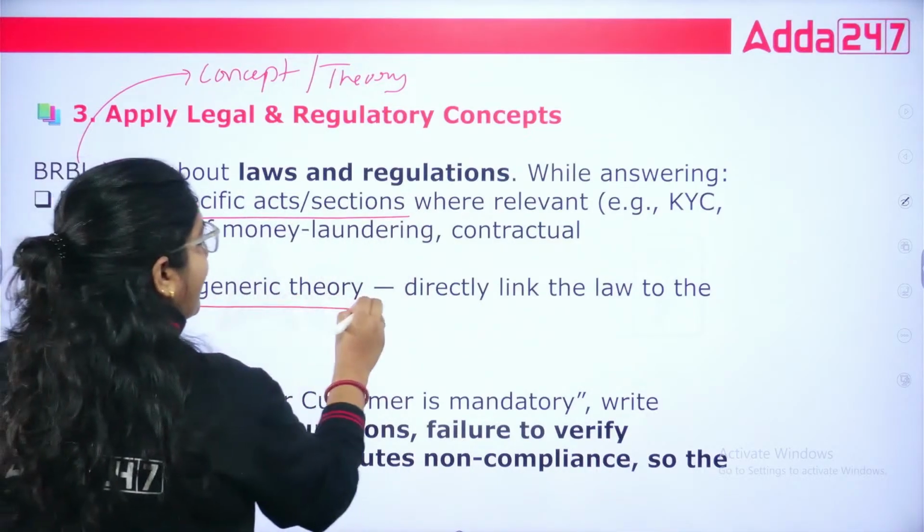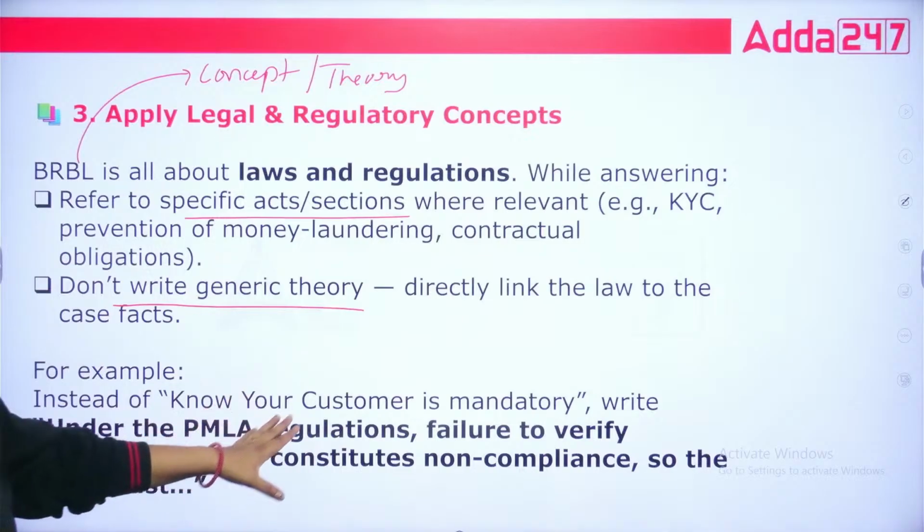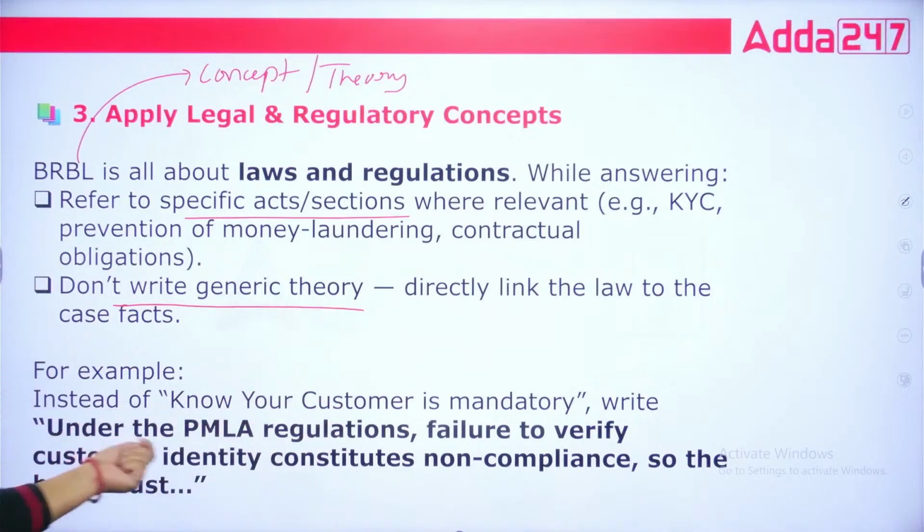Don't write generic theory. For example, know your customer is mandatory under the Prevention of Money Laundering regulation. Failure to verify customer identity constitutes non-compliance, so the bank must comply. In this way, you have to apply the legal and regulatory concept, class.